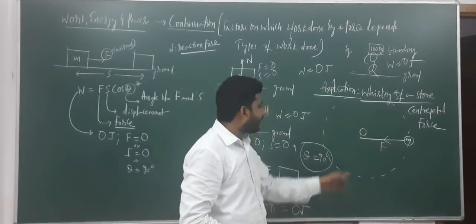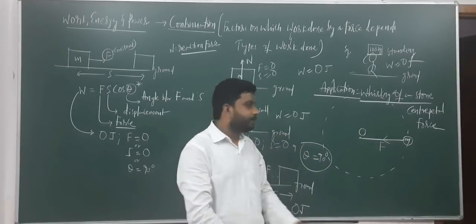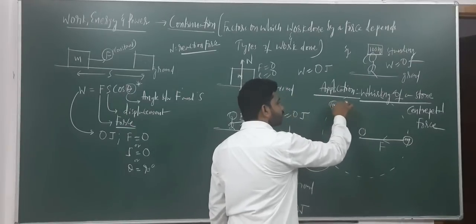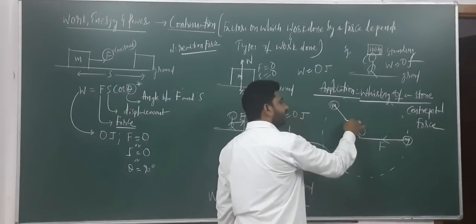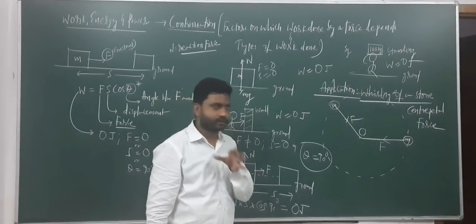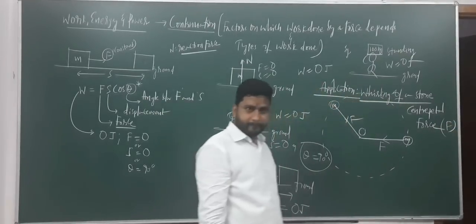Imagine this mass m is here, this is the string, and towards the center of the circular path the centripetal force will act. That centripetal force I am considering as capital F.